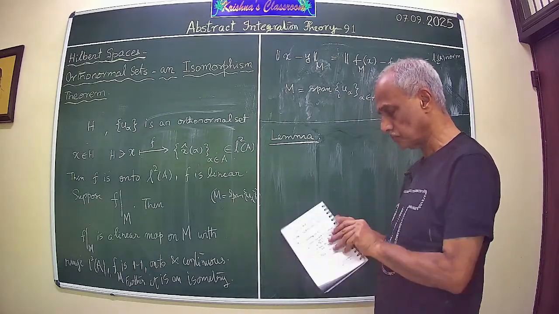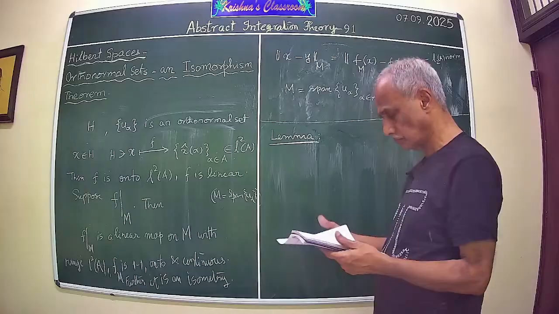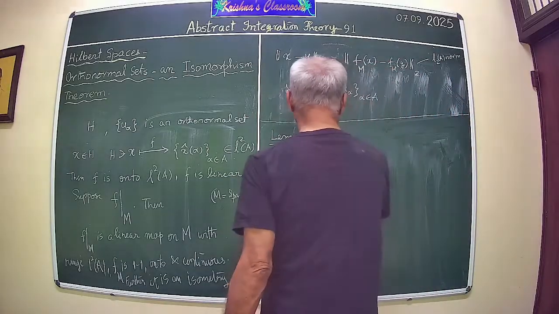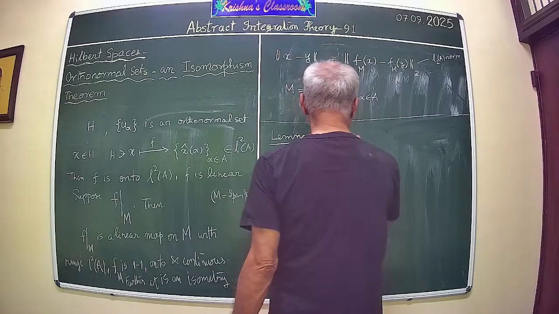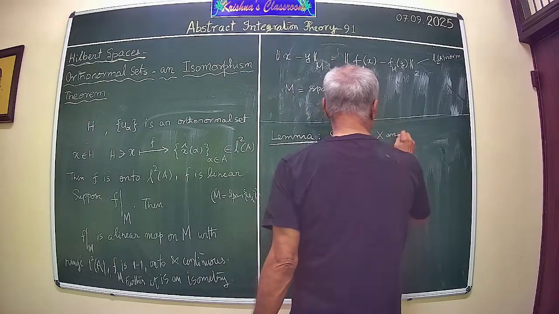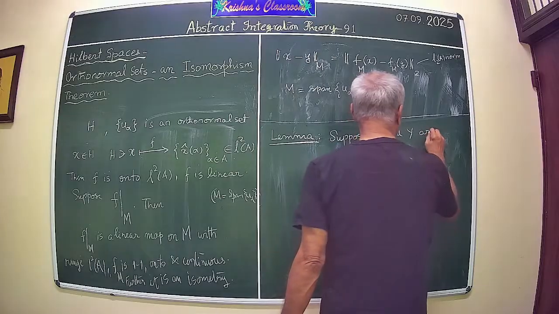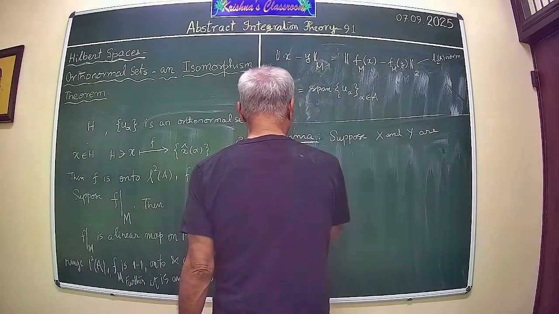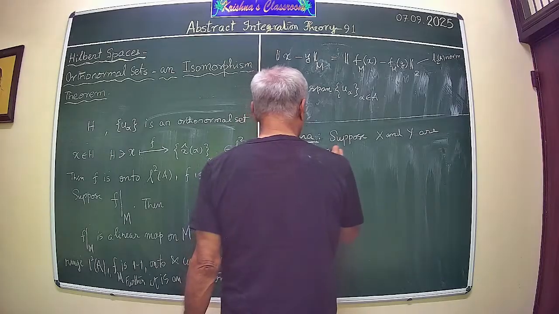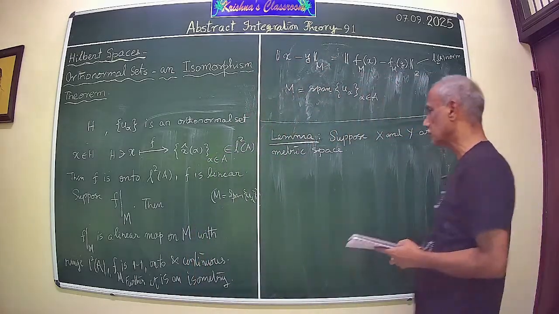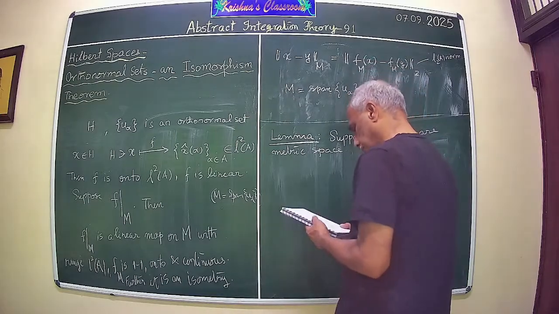Suppose X and Y are metric spaces. We are not even assuming that they are linear spaces, not necessarily linear spaces.